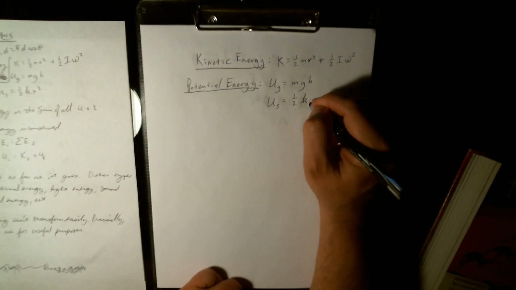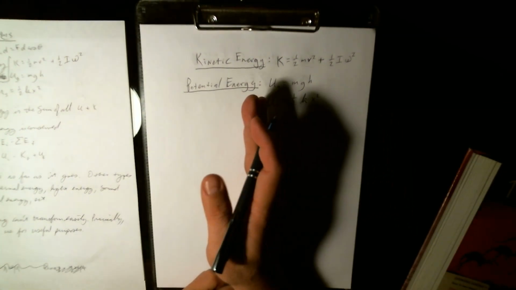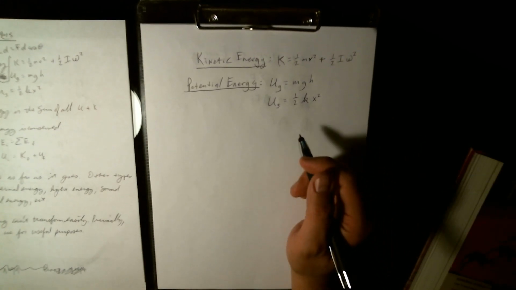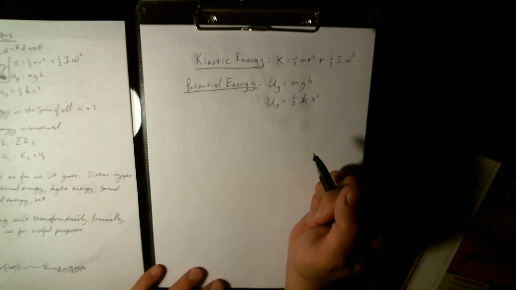It's a measure of how springy the spring is. 1/2 times k times x squared, where x is the distance that you compress the spring before you let the object fly off. So that should bring back some good memories.